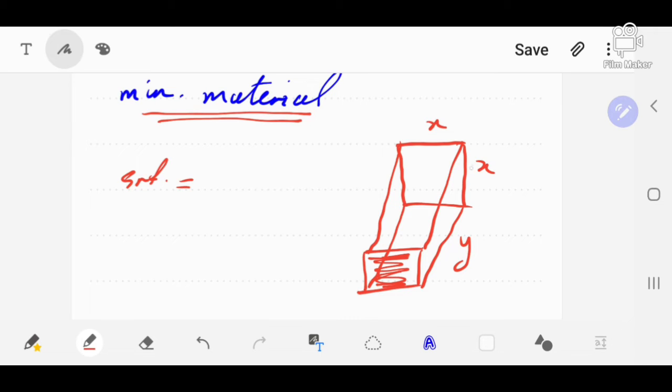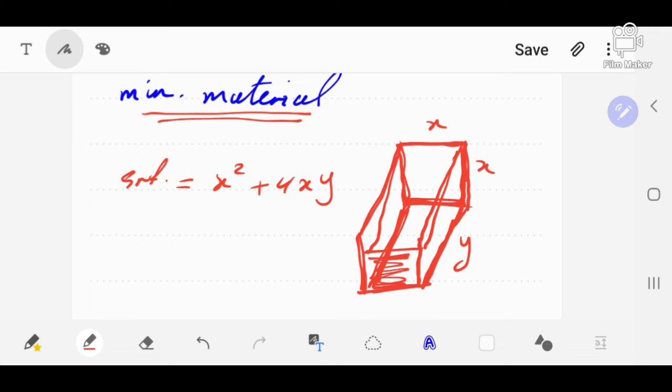In this case we have one base, which is x by x, so x squared, plus the area of the other 4 faces. The other 4 faces will be x by y for this face, and the same thing repeated for the other faces. So we have 4xy.